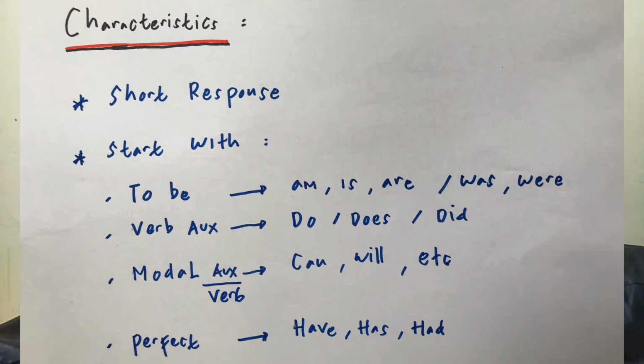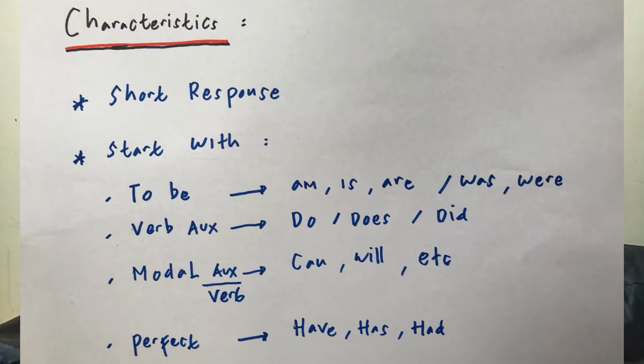It can be am, is, are for present be, or was and were for past be. It also starts with verb auxiliaries for verbal sentence. We have do, does, or did, depending on the tense of the sentence.